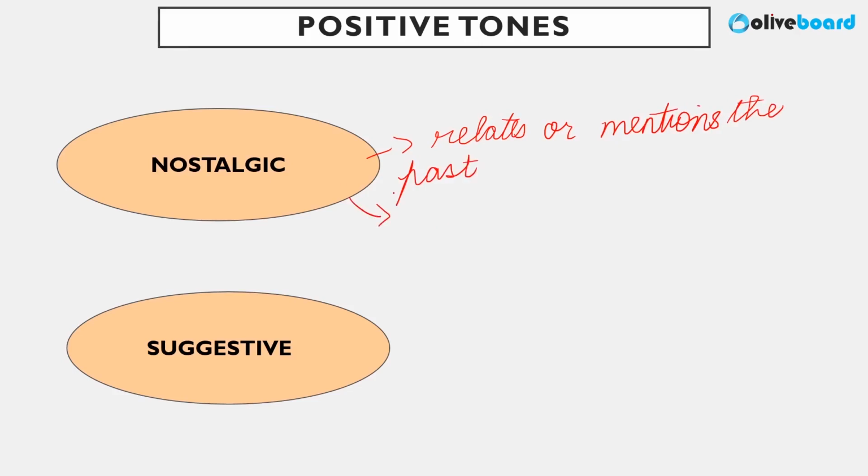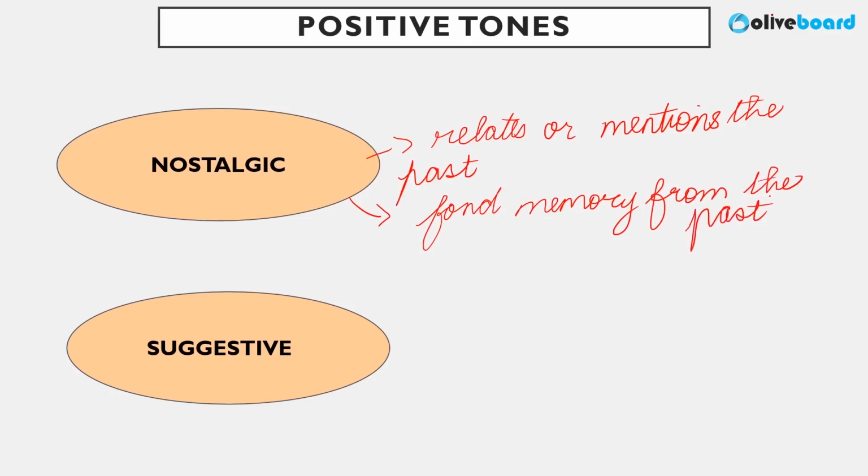So if a paragraph or passage is given, say about childhood experiences, what the author experienced as a child, that tone can be nostalgic, right? So here you have to understand that it is basically a fond memory, a very, very loving memory from the past that you remember. So fond memory from the past.